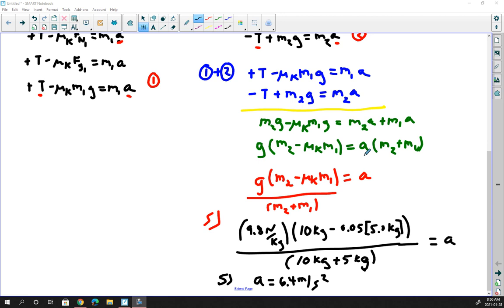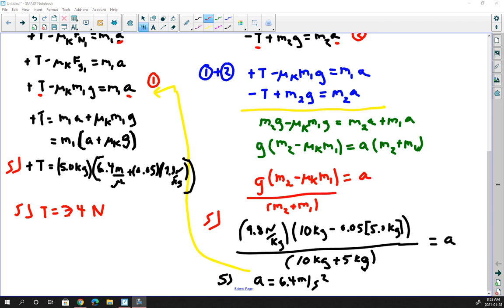So the other thing they wanted us to calculate was tension. So we've got to take this value for acceleration and bring it back into this equation. Why don't you try that? Pause the video and give it a try, okay? Okay, well, I hope you realize here that you've got this equation, equation number 1.